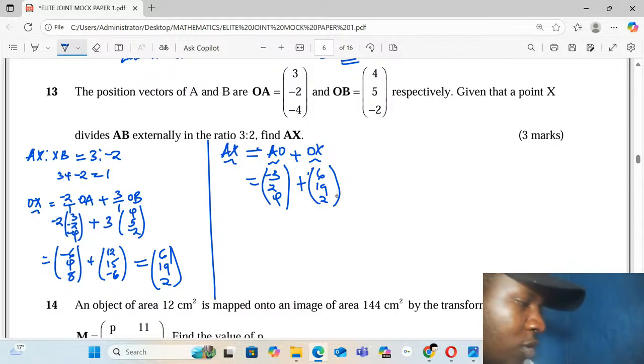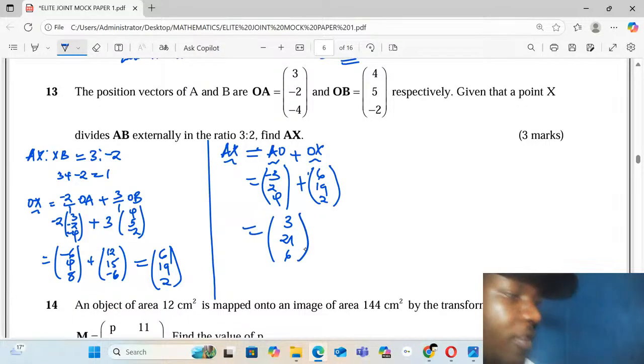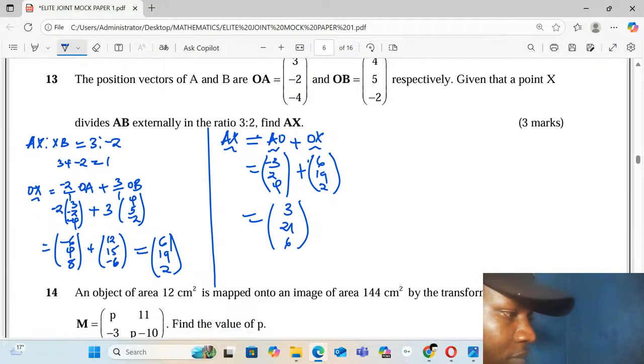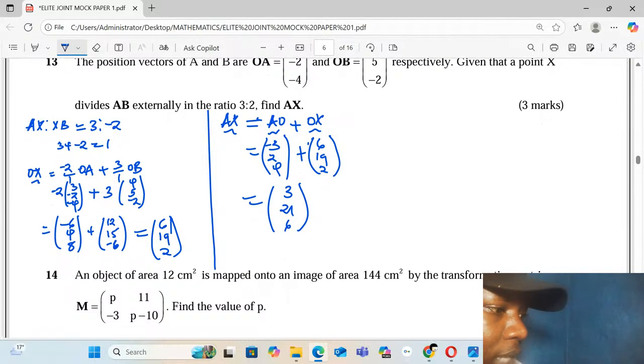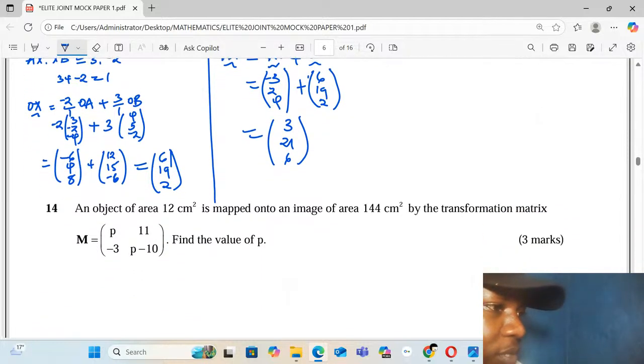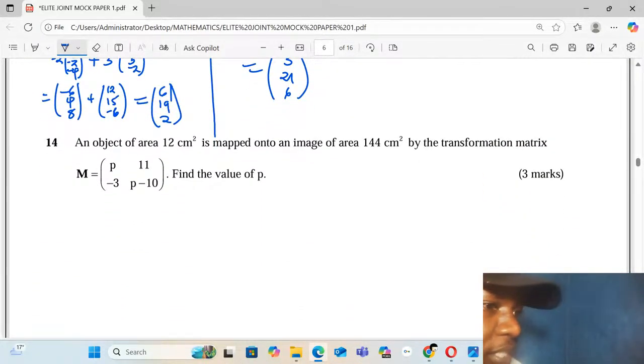Now we add the two, so that we arrive at AX to be (3, 21, 6). So that is your value of AX. As simple as that. Then we move to question number 14.